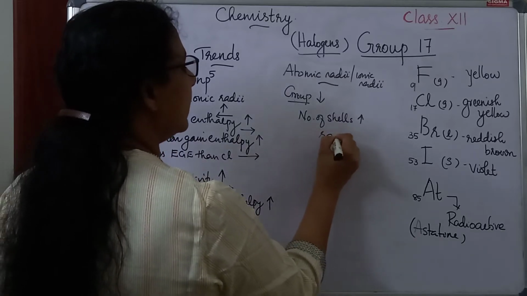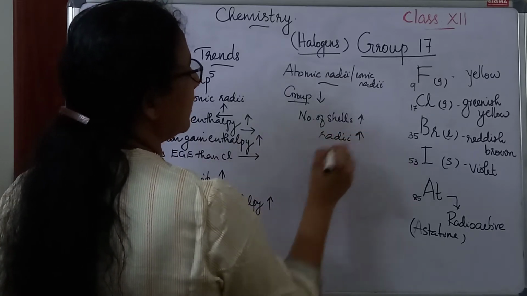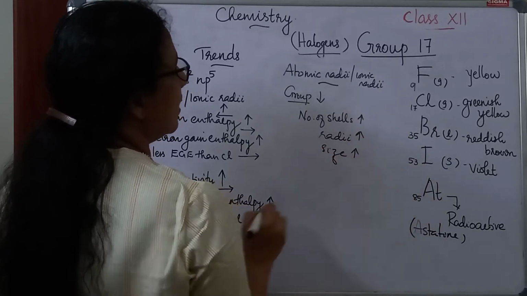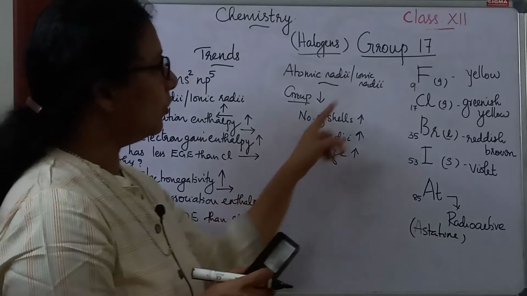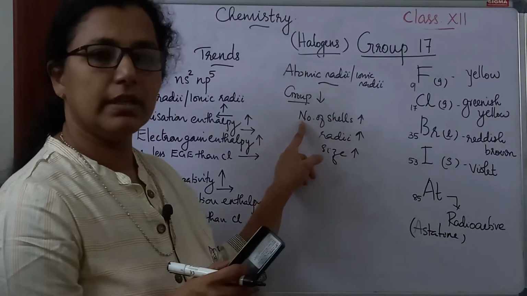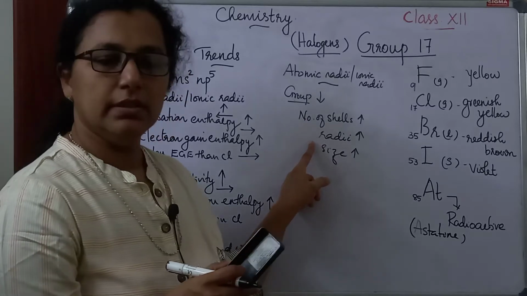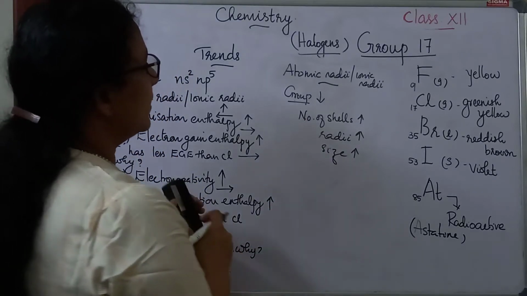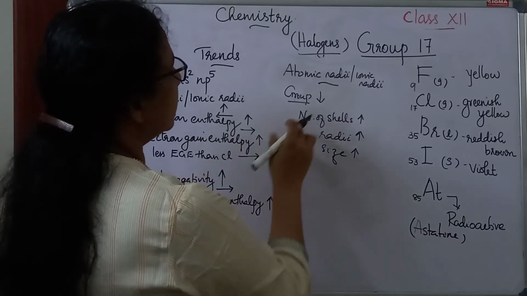So we can write: the radii increase down the group, so the size will increase down the group. So the radii will be increased and the size will also be increased. That is about the atomic radii and ionic radii in a group.